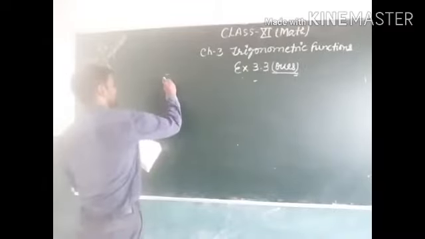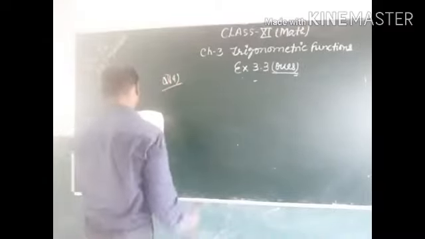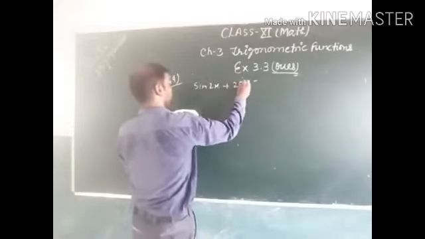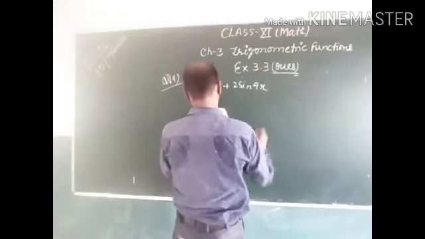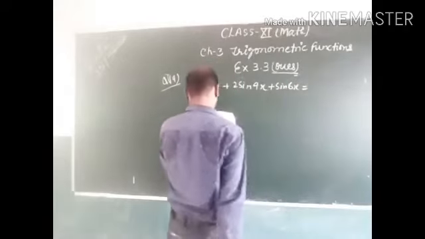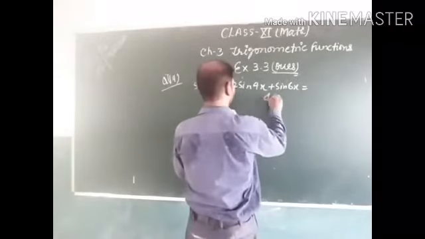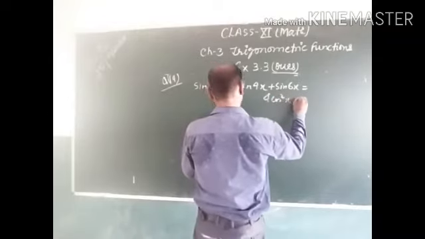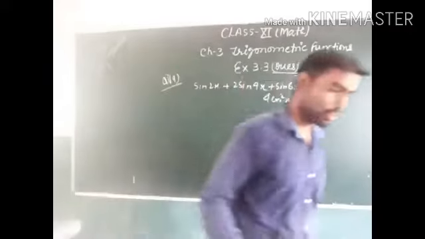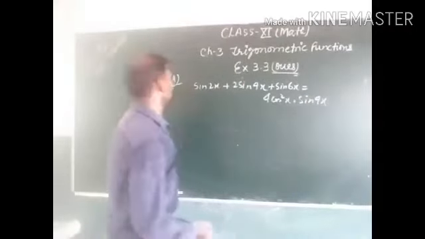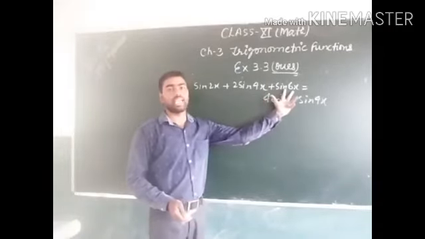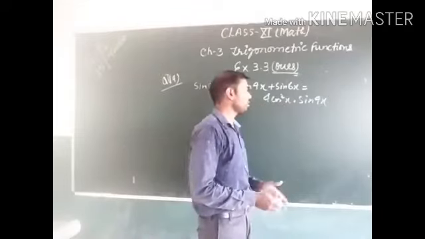Question number 14 is sin 2x plus 2 sin 4x plus sin 6x is equal to 4 cos square x into sin 4x. This is the left hand side, sin 2x, 2 sin 4x plus sin 6x, and the right hand side is 4 cos square x into sin 4x.